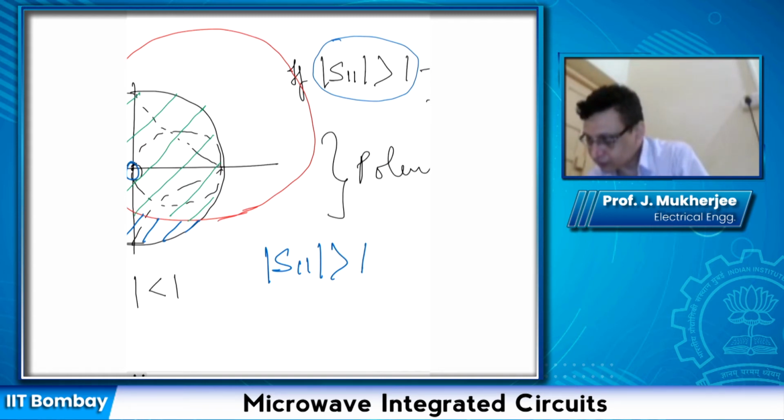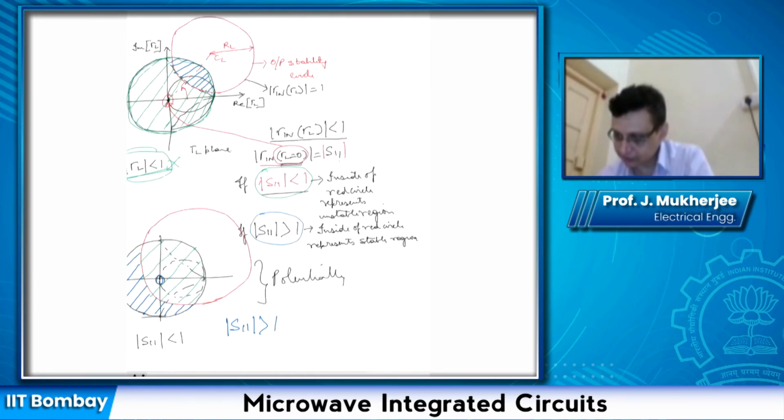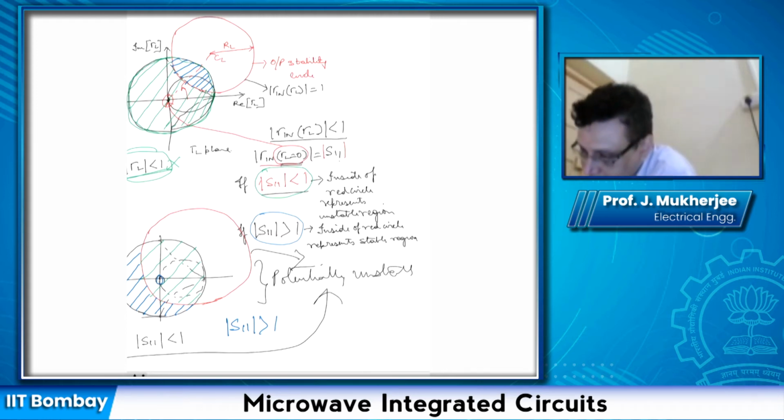Both the two cases that we just discussed, this one and this one, they are both potentially unstable. Why? Because for some values of gamma L, this is stable, both the two cases, and for some values they are unstable.